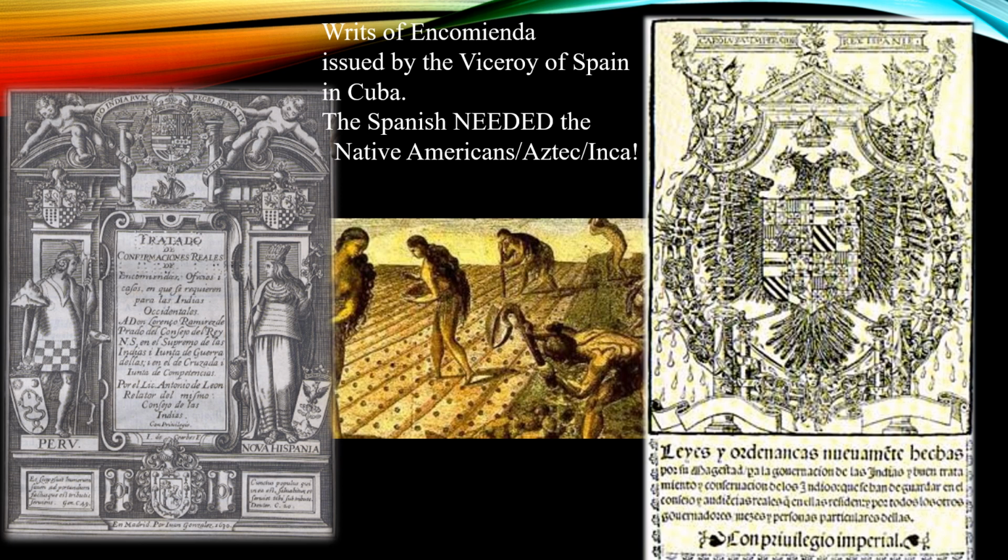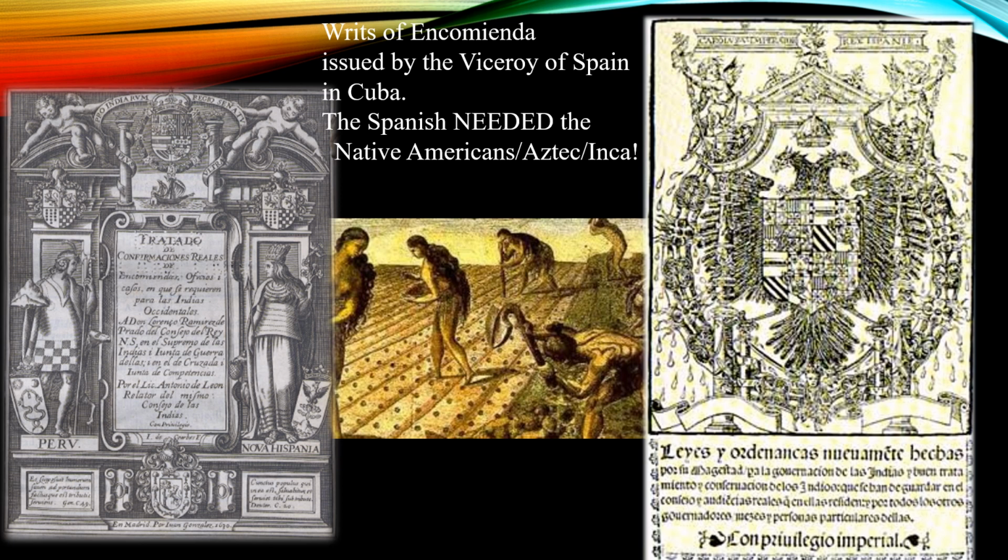And the idea is that the Spanish would trade protection and exposure to the Christian faith to the Native Americans. And in return, the Native Americans would work for the Spanish. Well, within about a generation, this just turns into old-fashioned serfdom. The people have to work the land. They're never going to rise above that. The Spanish are going to come along and take everything in taxation.